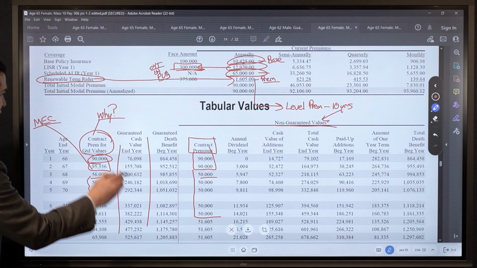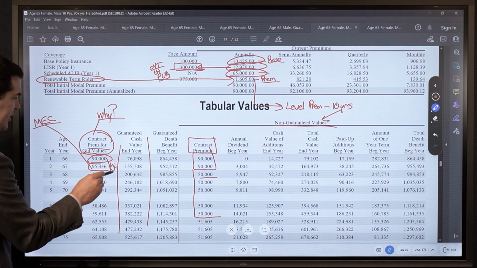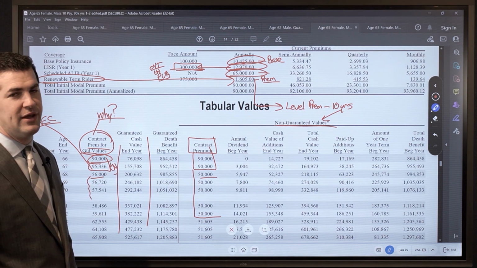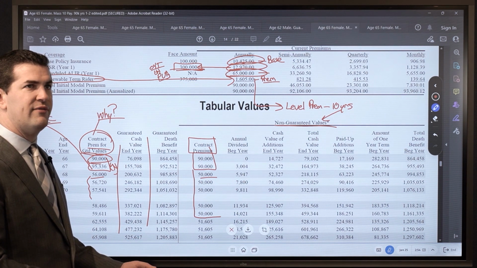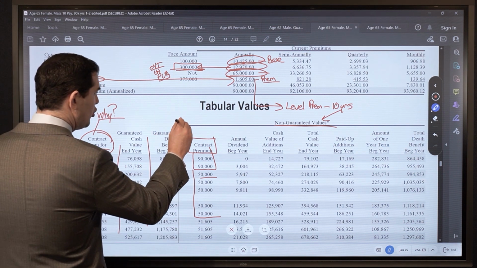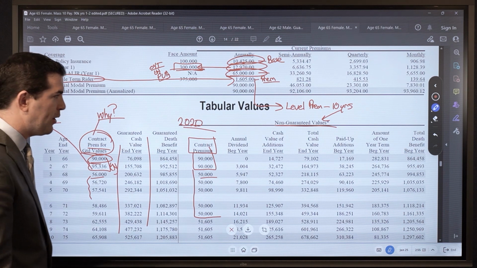However, based on the guarantees, they reserve the right to begin to increase that renewable term rider premium starting year 2. This was a change they made as a result of the 2017 mortality table update, which went into full force, went into effect in 2020.